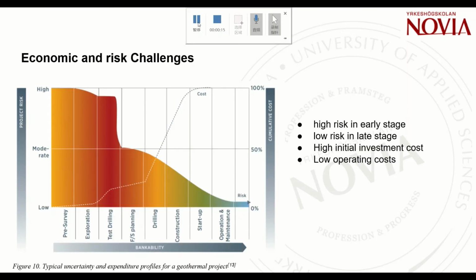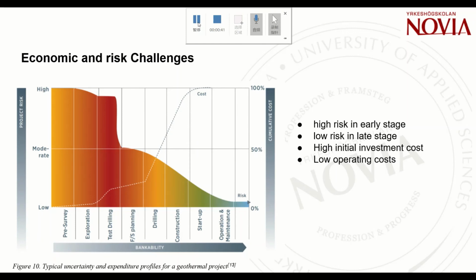The figure shows the risk and the costs of the entire process of developing and applying geothermal energy. It can be seen that the economic risk of the early exploration and excavation work of geothermal power plants is pretty high, while the operational risks of the later stage are relatively low.